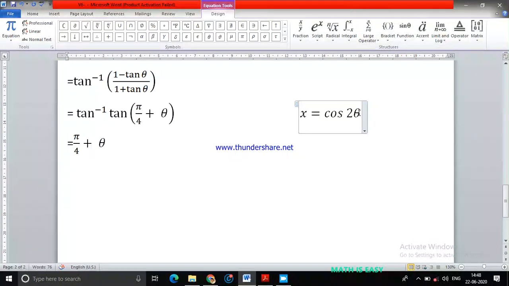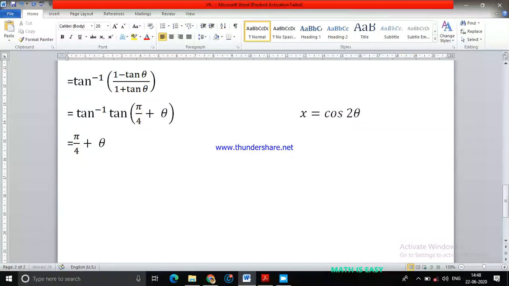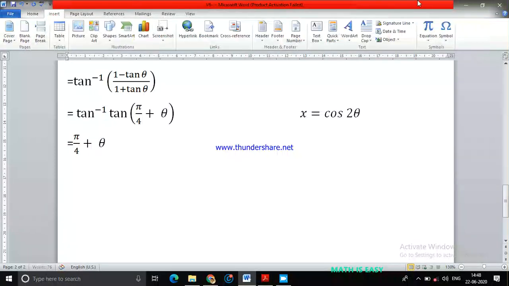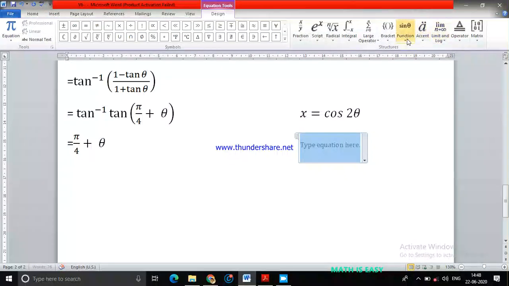Now the next step, I can write this as cos inverse x equals 2 theta. Can we put cos inverse x equals 2 theta?